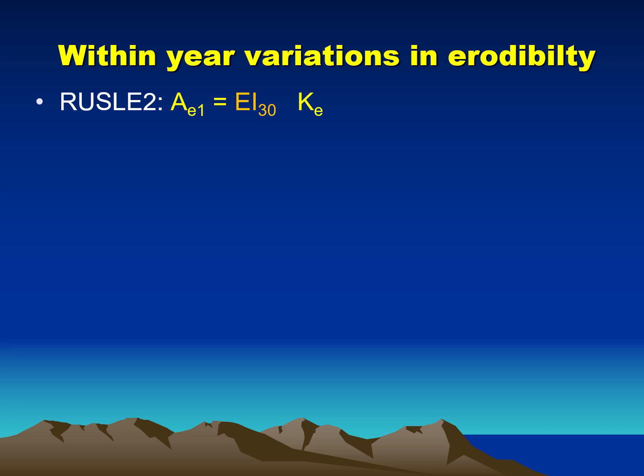And if we look at the RUSLE, we have EI30 times K_E, but in the USLE-M we don't have an event erosivity index evident.